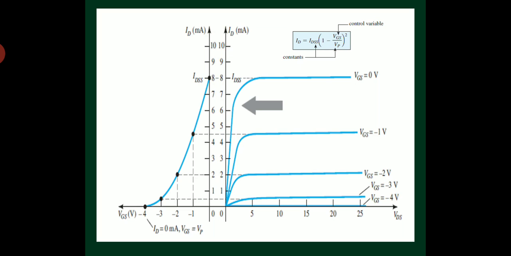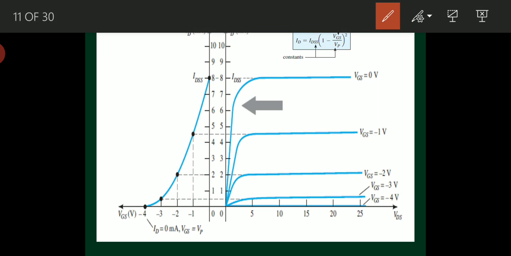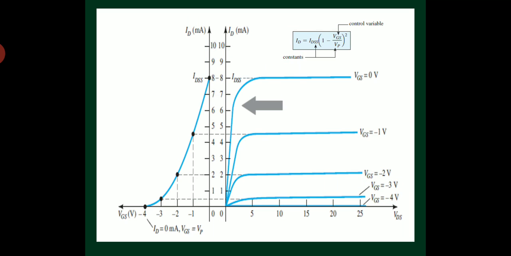So 8 milliamps is the IDSS value here in this example. So it is a constant for a given FET, right?